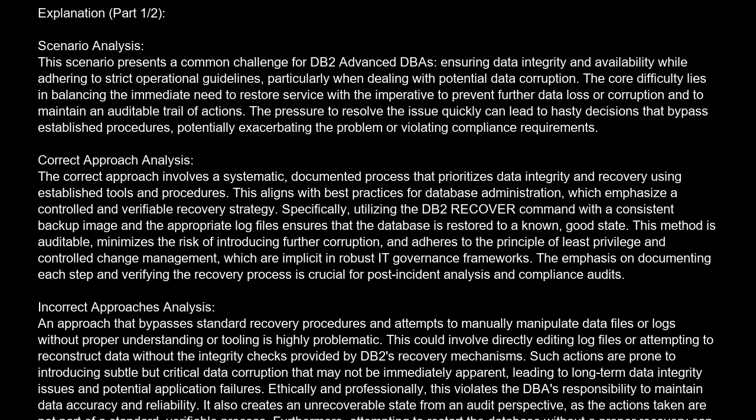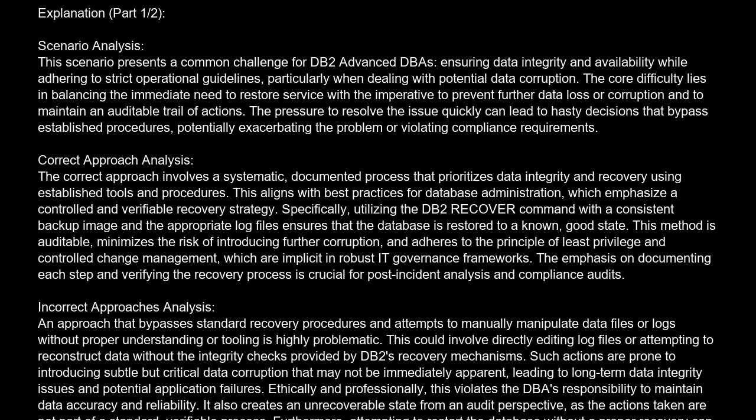Correct approach analysis. The correct approach involves a systematic, documented process that prioritizes data integrity and recovery using established tools and procedures. This aligns with best practices for database administration, which emphasize a controlled and verifiable recovery strategy. Specifically, utilizing the DB2 recover command with a consistent backup image and the appropriate log files ensures that the database is restored to a known, good state.